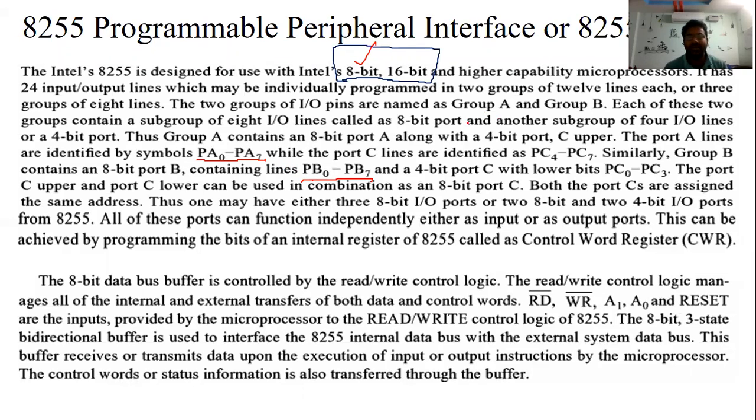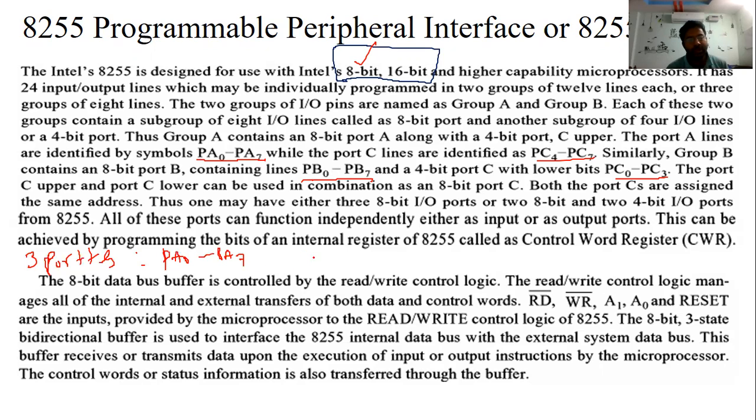The next category of port is PC0 to PC7, also an 8-bit port. So three different types of ports are available. What are the three ports? PA0 to PA7 is one port.